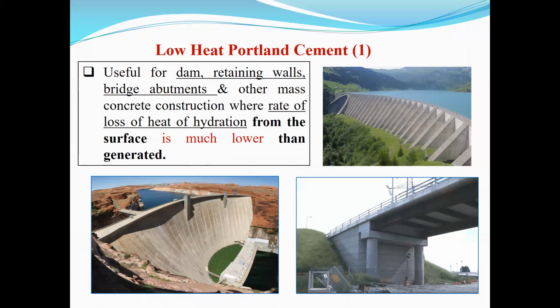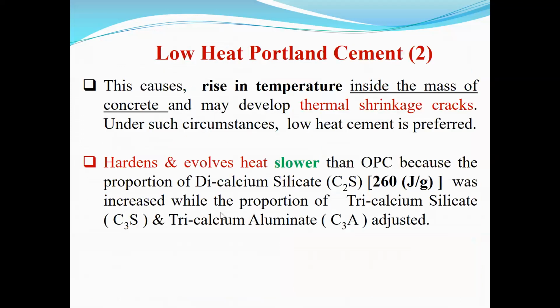Okay. So what happens? That heat that is produced is not the same at the surface of the concrete and also at the inside. So there is a temperature differential. And due to this, as you can see in the next slide, the rise in temperature inside the mass of the concrete and the temperature differential may cause thermal shrinkage cracks.